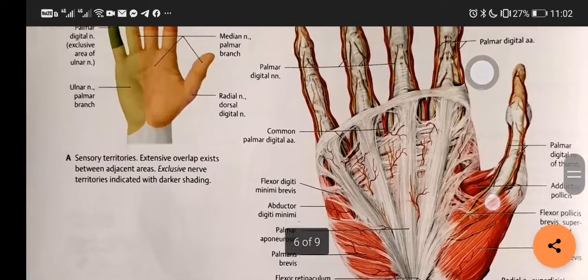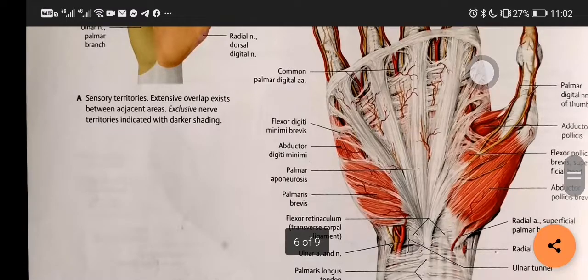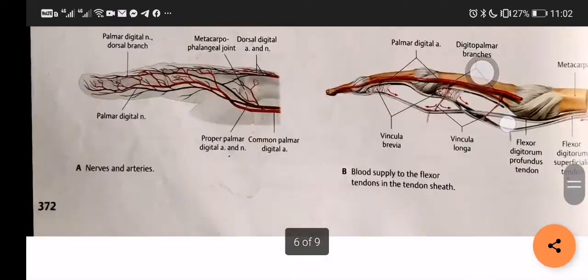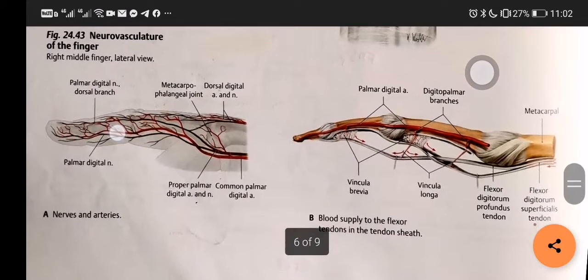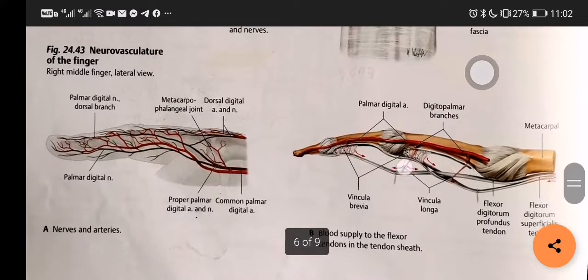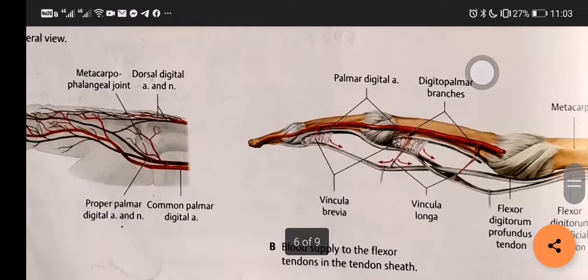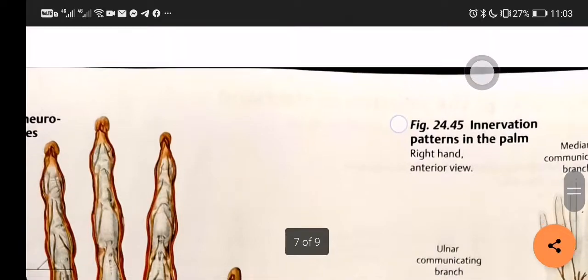The white is basically fascia, and there's muscle and fascia. If you look at your finger, it's amazing. Look at those blood vessels and nerves going all the way to the finger. And you can see these tendons pull on the bone to allow the muscle to do its action of moving your bones.